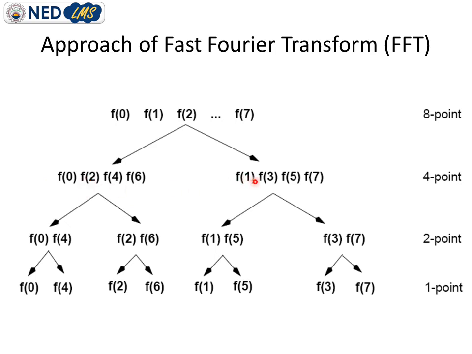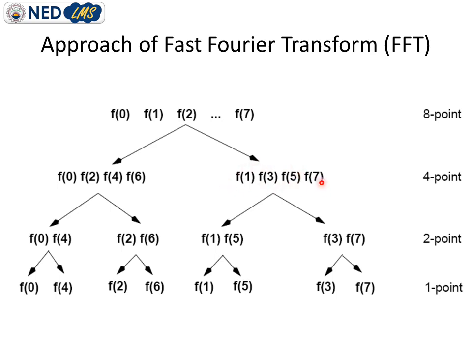So you will require only 32 computations if you divide this set into two parts and take the DFT of each part separately, then combine the results in some special arrangement or manner to get the actual answer.